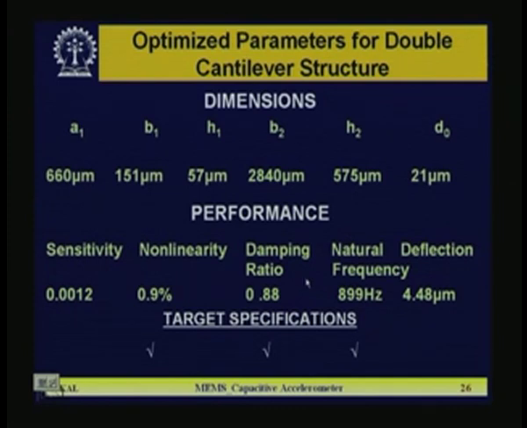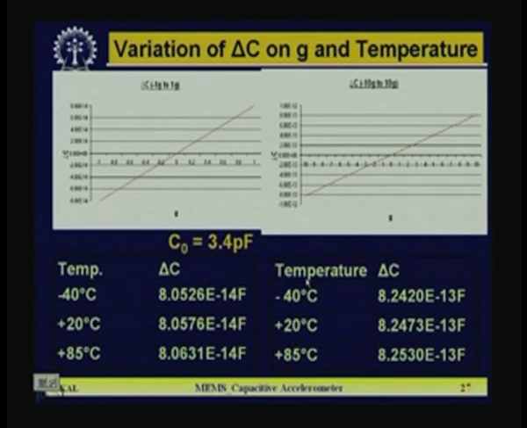So, we can go for designing, and the delta C for this structure for -1G to +1G and -10G to +10G is plotted. That is shown at room temperature, nearly 8 into 10 to the power -14 farad delta C change for 1G, and for -10G to +10G, that is acceleration is +10G and deceleration is -10G.